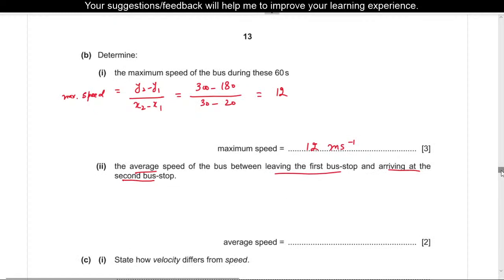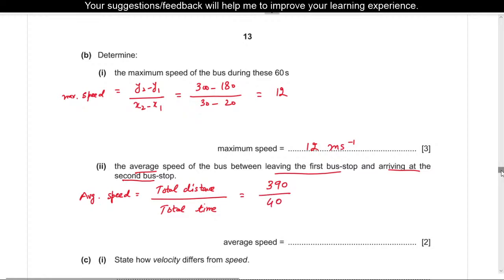So the average speed will be equal to total distance divided by total time. The distance we have seen from the graph is 390 meters, and the total time is 40.